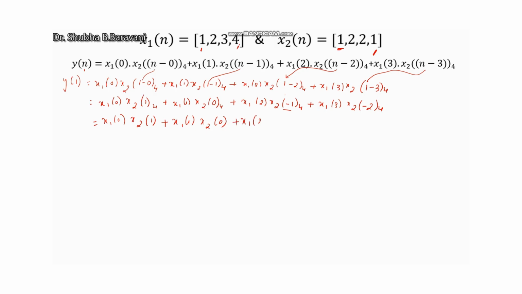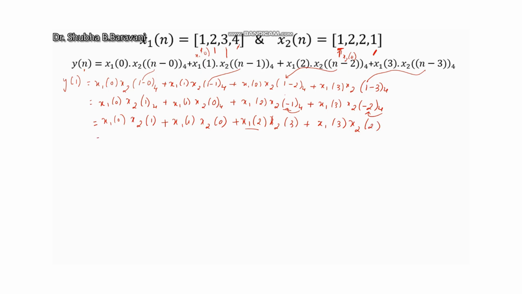Coming to x1 of 2, this is x1 of 0, this is x1 of 1, this is x1 of 2, so x1 of 2 exists. However, x2 of minus 1 does not exist, since it starts from index 0. So we'll do 4 minus 1, which is 3, so x2 of 3. Similarly, x1 of 3 as it is, and x2 of 4 minus 2, which is 2.